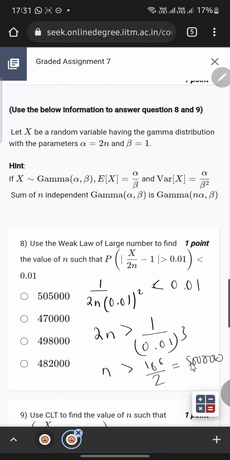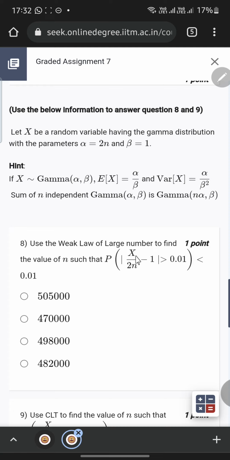So n is greater than 5, what is it, 2 3 4 5, right? So this would be 5 lakhs. Yeah, so this is the correct option. I hope you are getting my point here: first of all, we calculated in terms of n, then we compared it with 0.01. After comparing, we got n is greater than 5 lakhs, and there's only one value greater than 5 lakh, and that is the eighth option, A option.